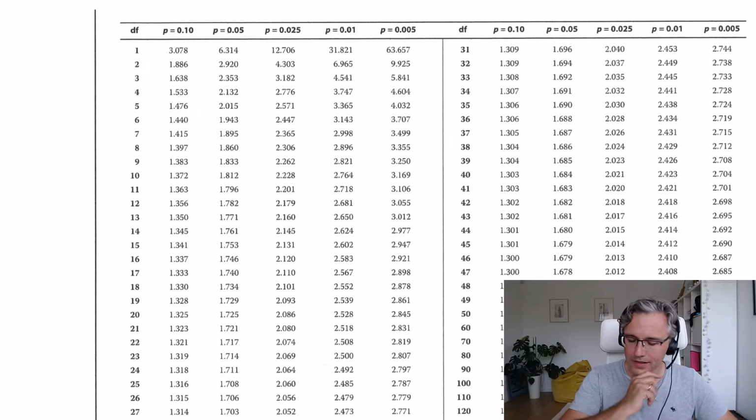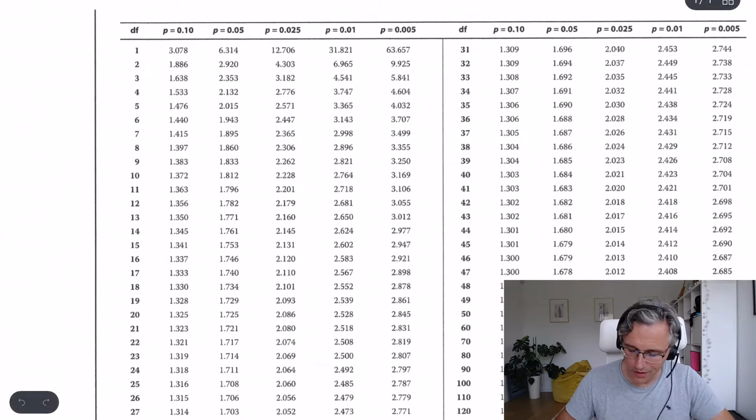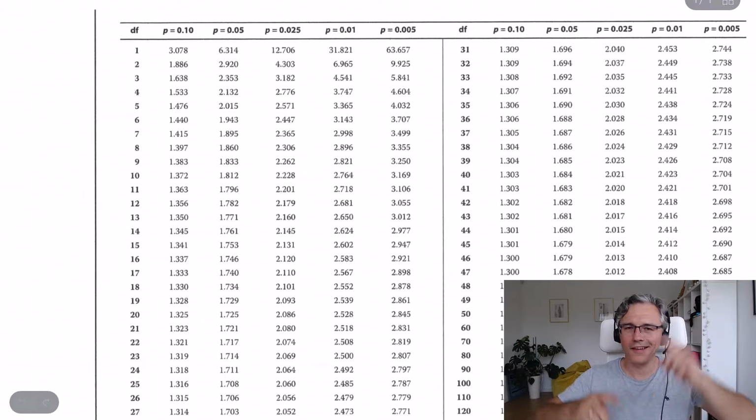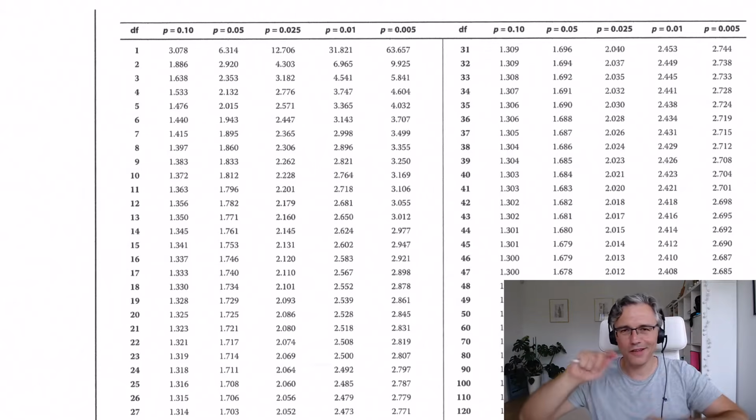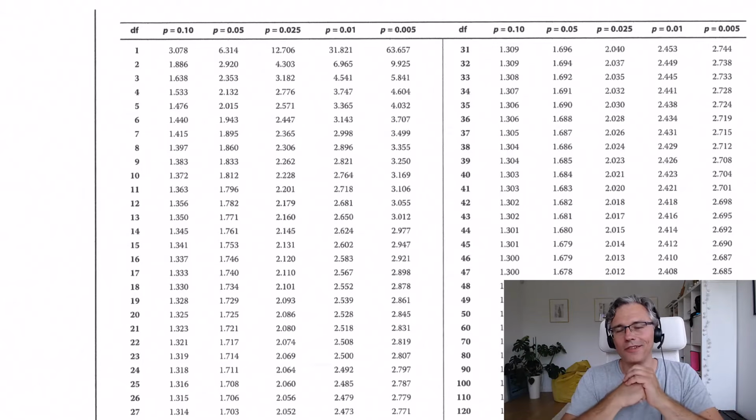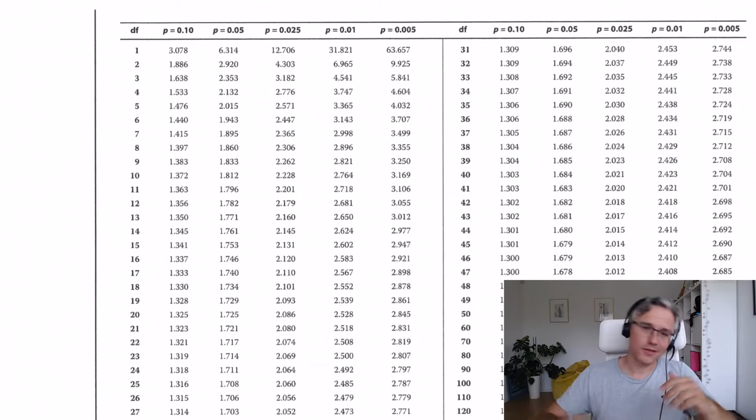And look, it's the relevant table for the student's t-distribution, which I flipped by doing a 90 degree turn to it, because if you've got the printed version of the book, it's vertical, so you have to twist the page around to view it.